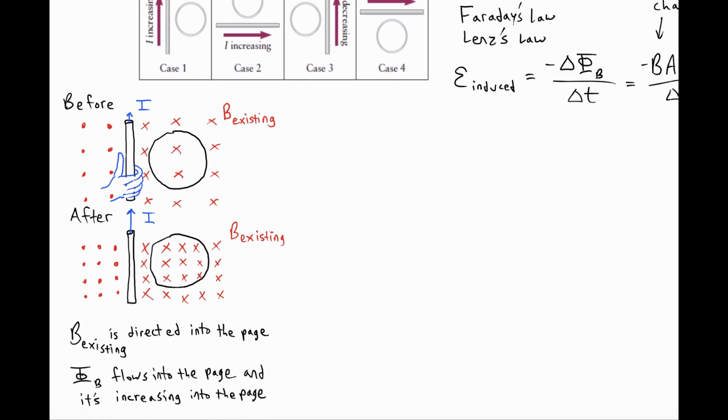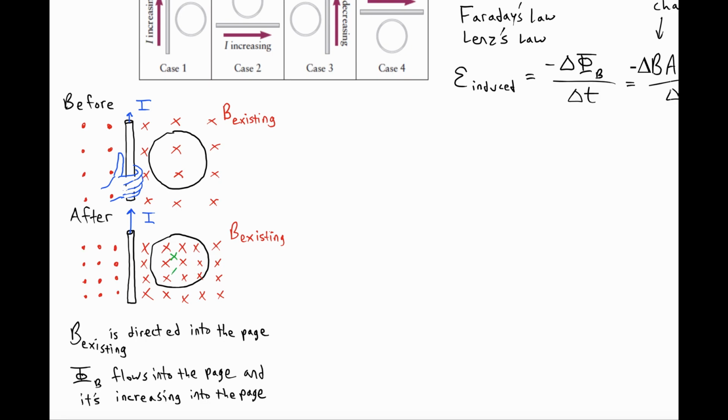So what we'll have is we'll want to look at our picture and decide, should the induced field be directed into the page or out of the page? So those are the two options because of our loop being in the plane of the page. We can either put more X's in, or we could put dots in there.